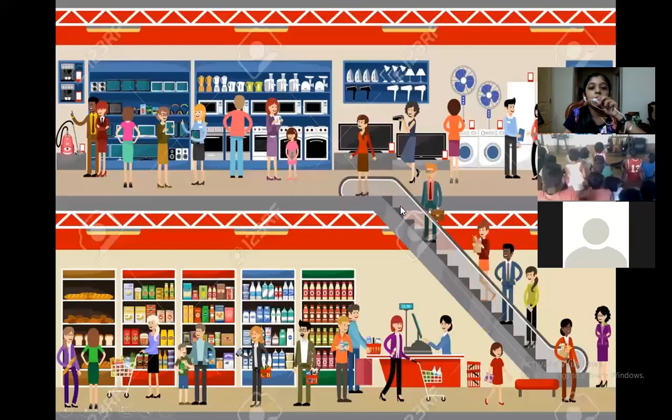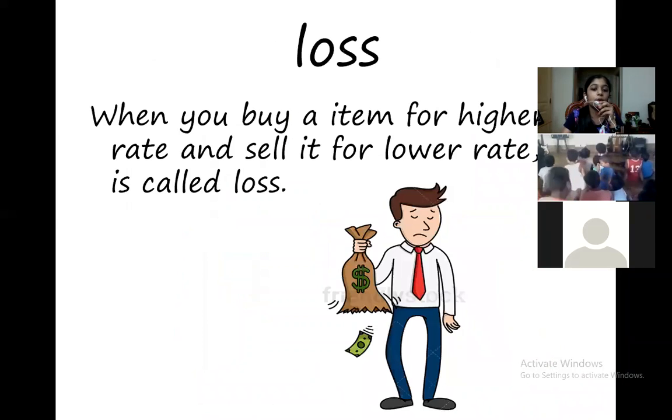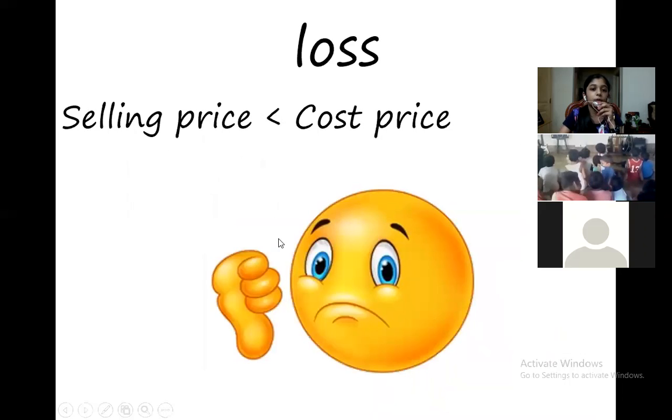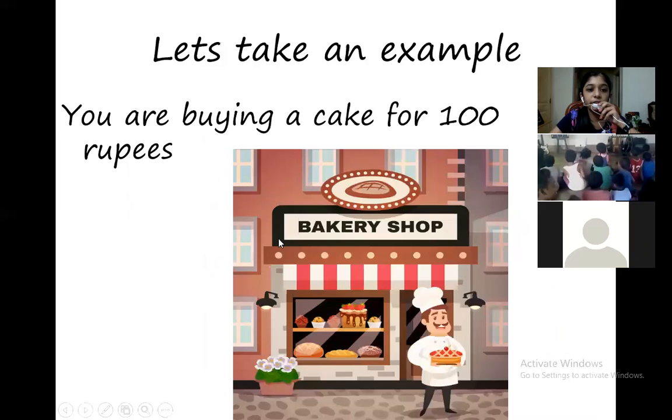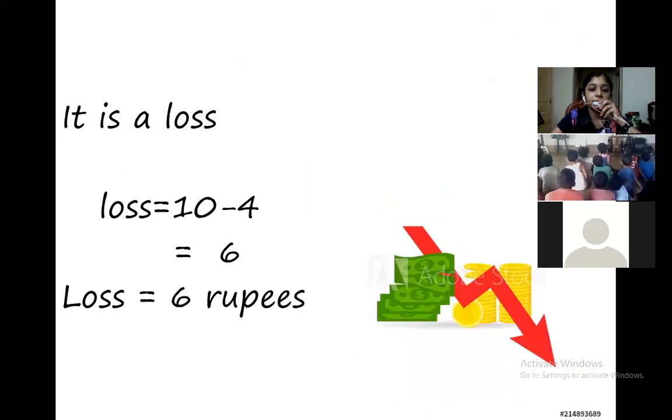And then we saw that in every shop there'll be a profit or a loss happening, and we saw a small example, and then we saw what is loss. We saw a small definition for loss, and one example, and many questions like these.